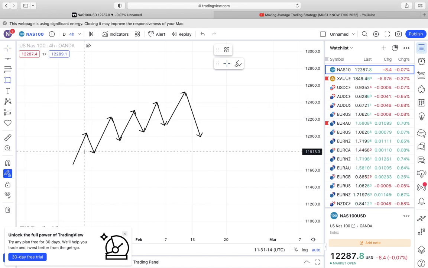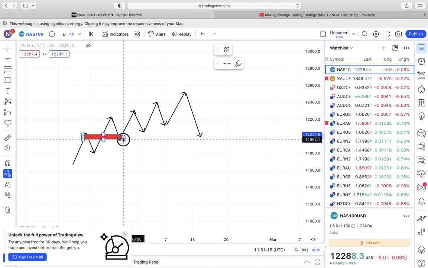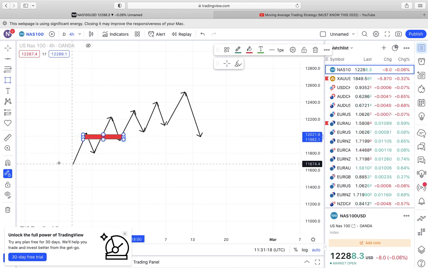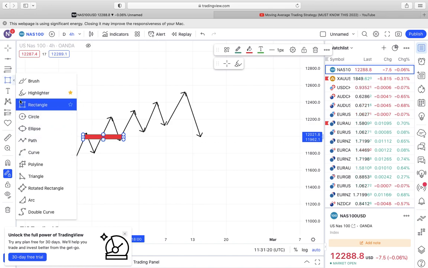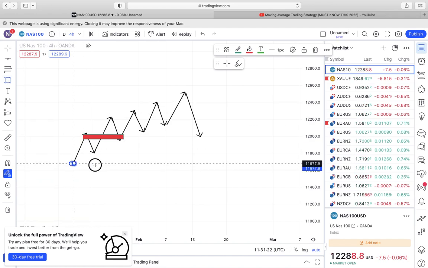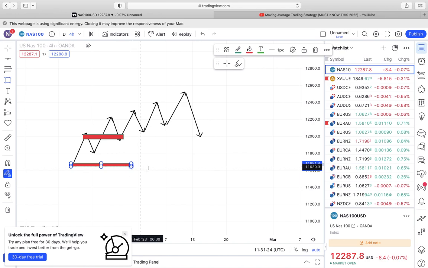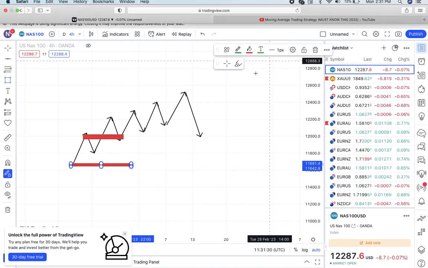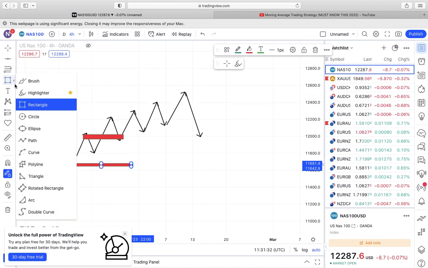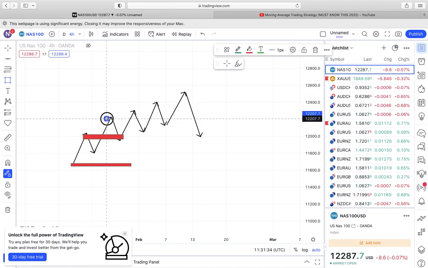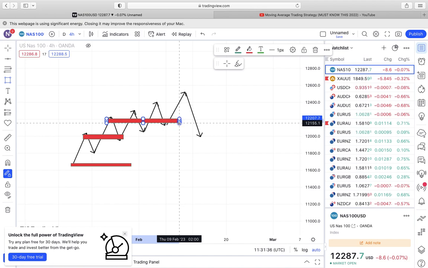The first key zone is here. This is my lowest point at that given time. This is another point, as you can see.